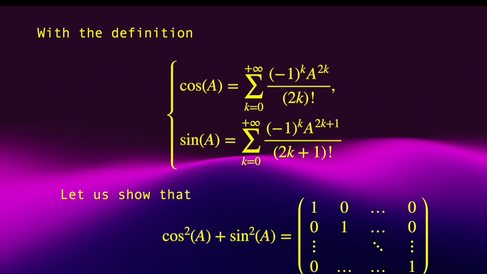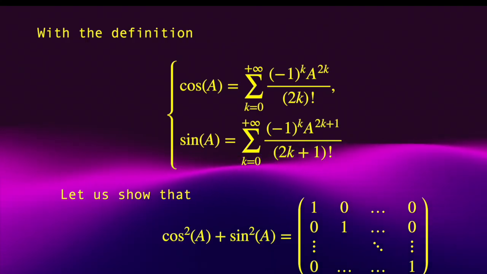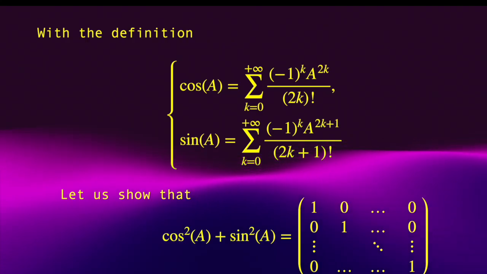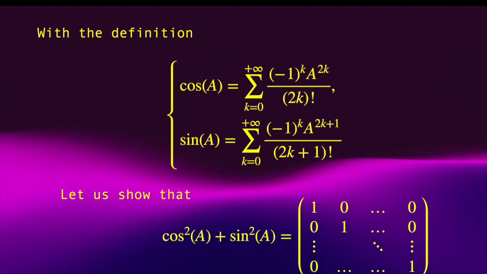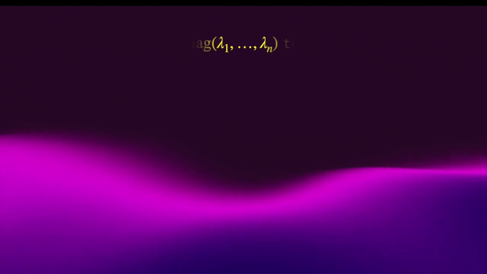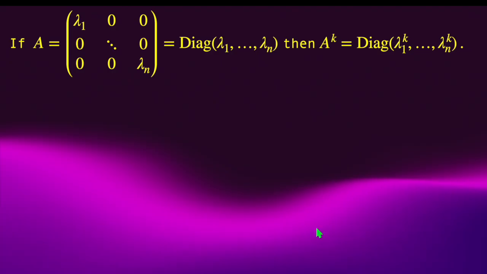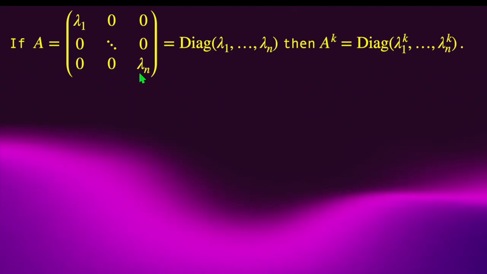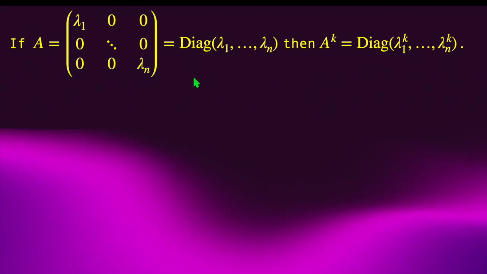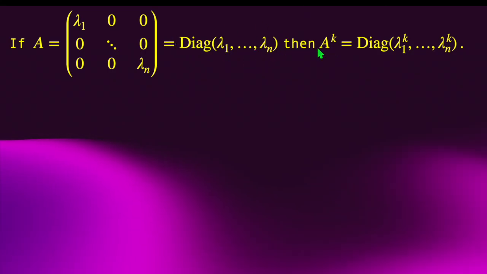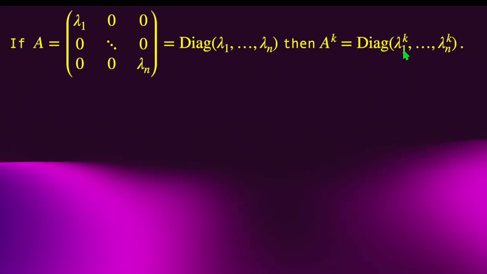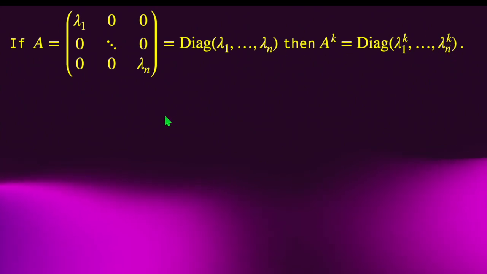We will start with some particular cases before tackling the general case. First, we take a diagonal matrix. We denote it by this formula. We know that A power k is a diagonal matrix also, with lambda 1 power k, up to lambda n power k.